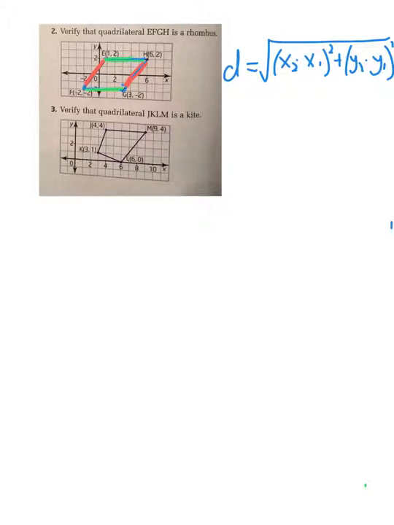Now, proving we've got a kite for number 3 is interesting because we've got to work out the slope of each diagonal. So we're going to work out the slope of KM, and then we're going to work out the slope of JL.